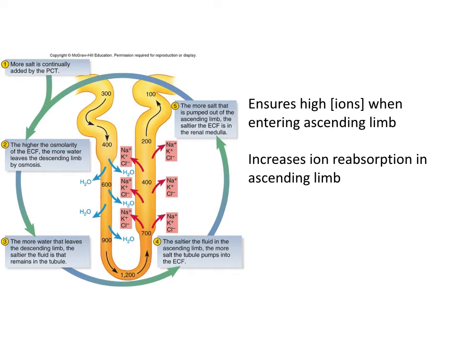So your descending limb, reabsorbing all that water, creates a nice salty tubular fluid that's going to increase your active reabsorption in the ascending limb. So the function of the descending limb is essential for the ascending limb to do its job as well.